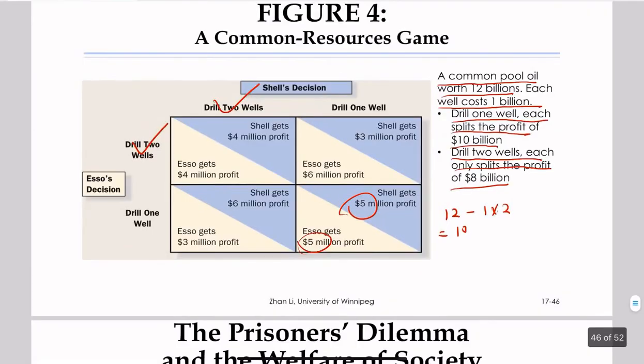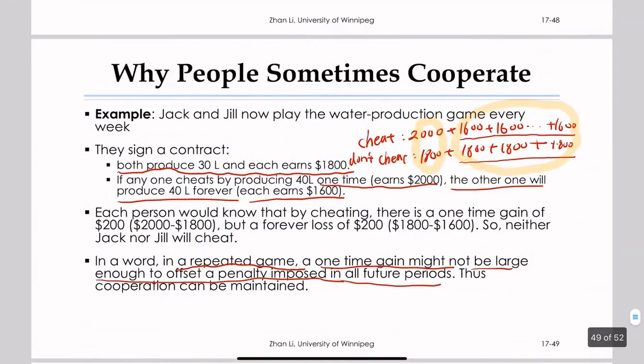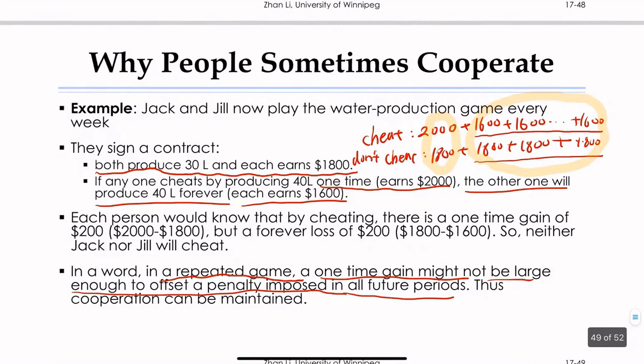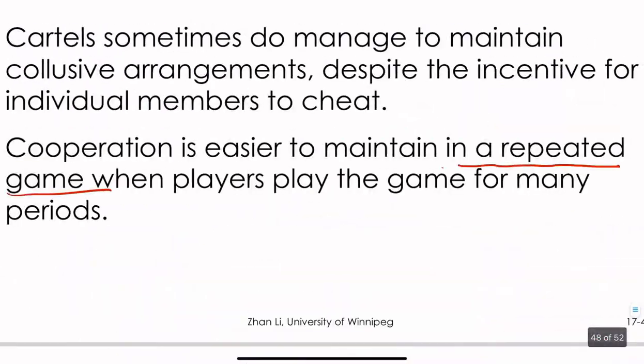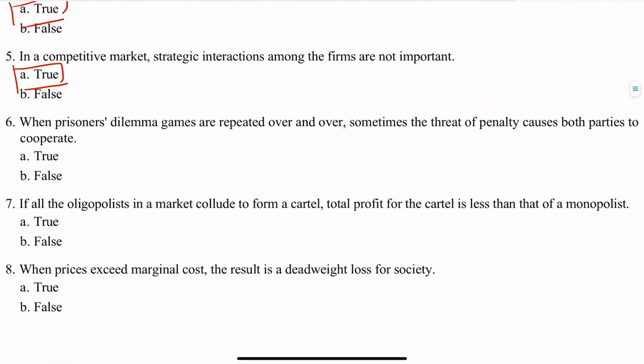In that example, we can see some numbers, and in the end, we can see that the one-time gain from cheating is actually smaller compared with gains from cooperation. So if the game can be played repeatedly, then in the end, cooperation is possible. So this one should be correct.